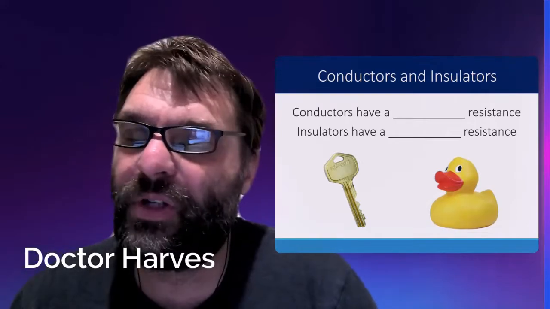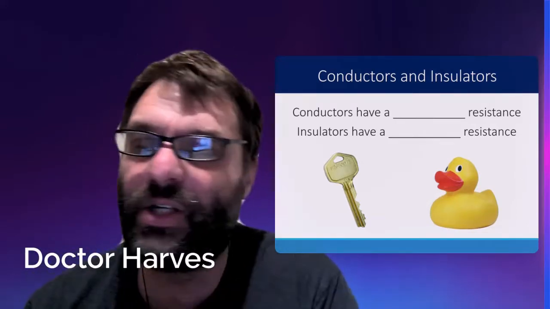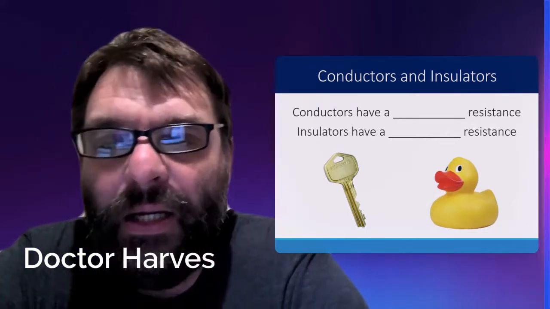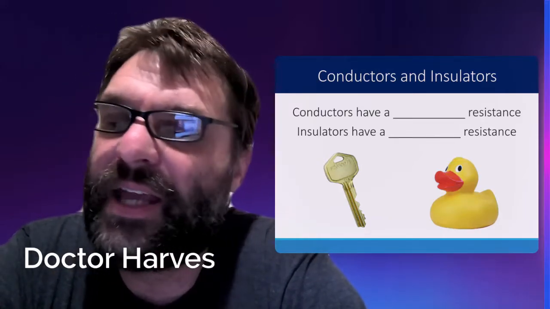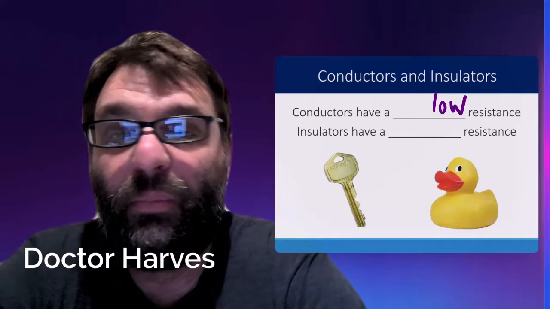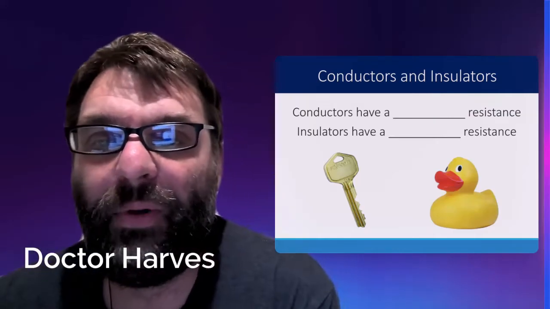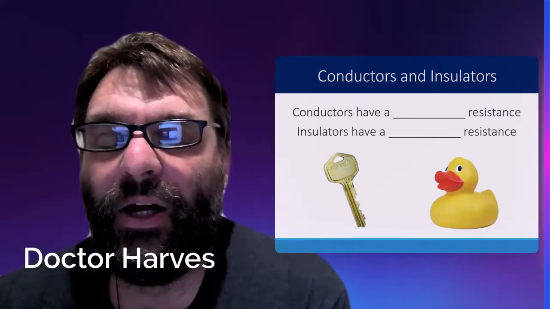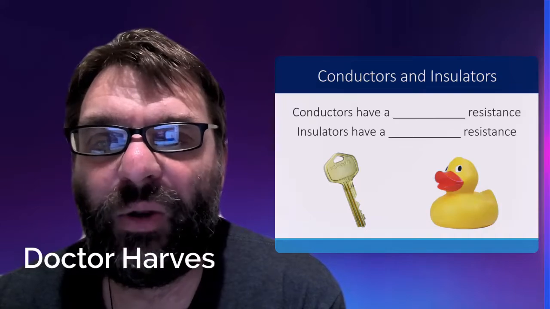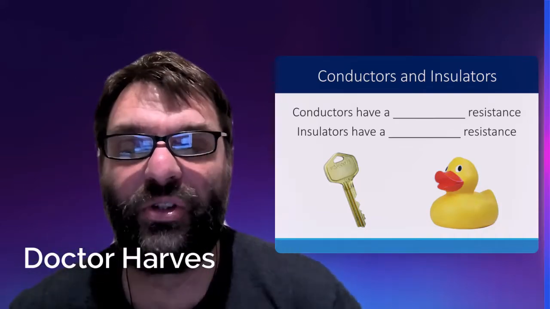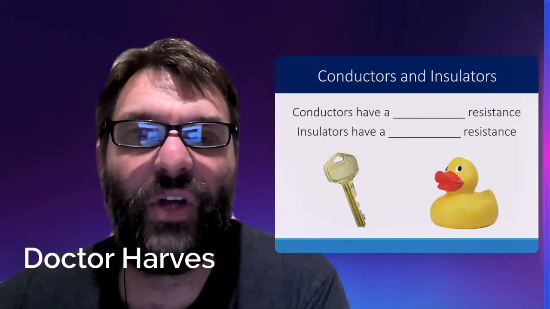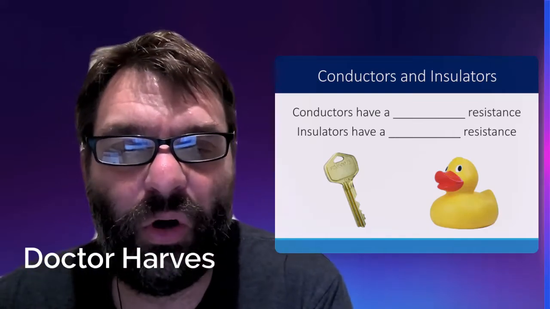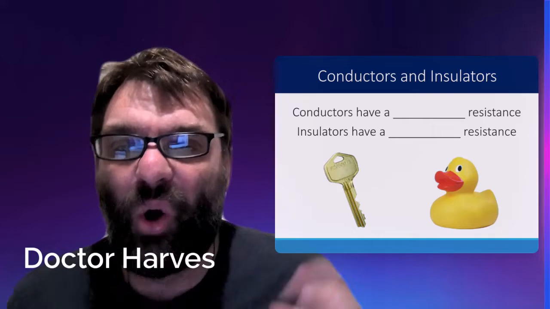And in terms of relating that to conductors and insulators, the conductor being the key and the insulator being the rubber ducky, conductors have a very low resistance because they're primarily made out of metals, which have free-flowing electrons around the positive nucleus of the metallic atoms, whereas the rubber ducky consists more of covalent bonds, which hold on to those electrons.